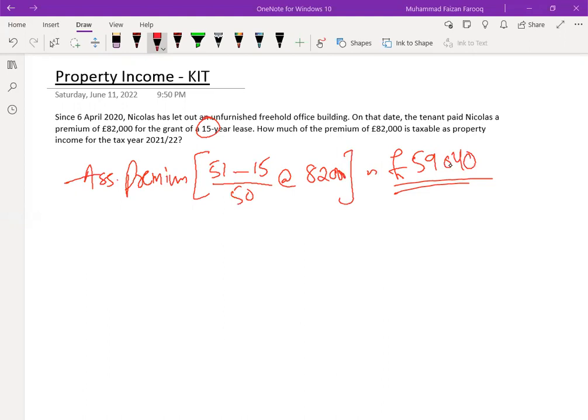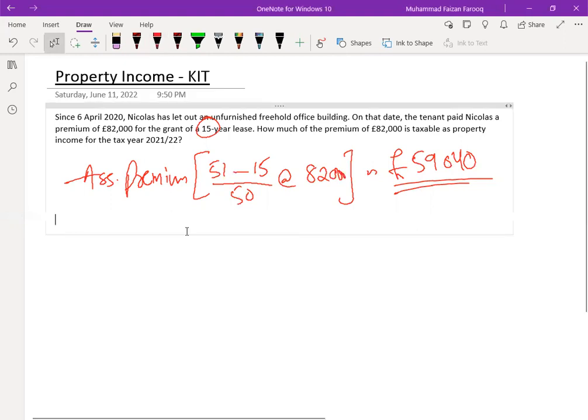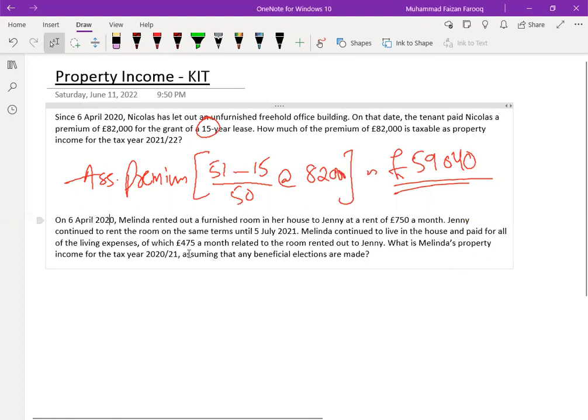Now I'm going to share another question. This question, I guess, is 21 in your kit. Now it will be on your screen. This is the question. I need you to read it, please. On 6th April 2021, Melinda rented out a furnished room in her house to Jenny at a rent of £750 a month.